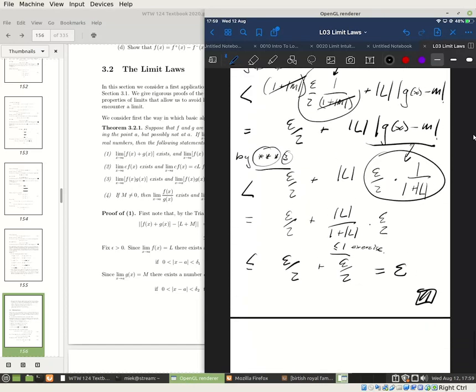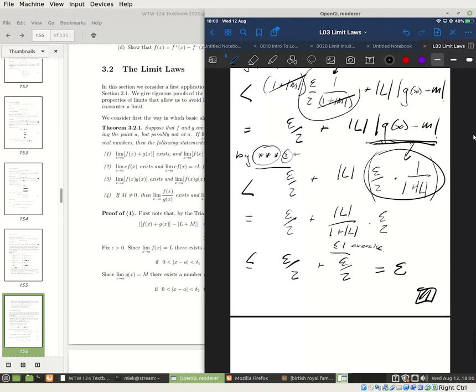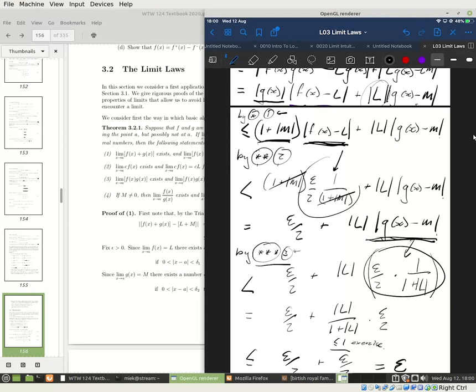So over here, by triple star and 3, this thing is less than that expression. Put it all together, simplify, we get that everything is less than epsilon, which is what we wanted.